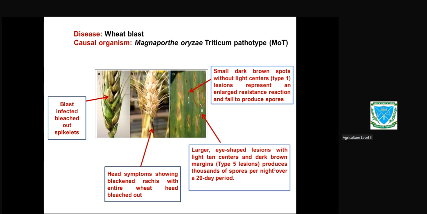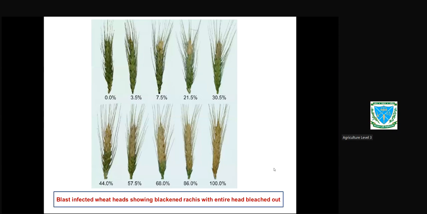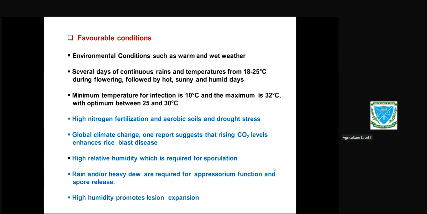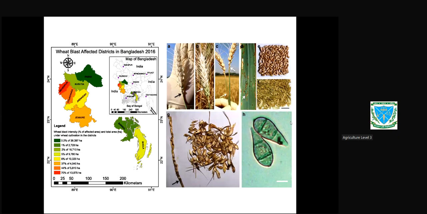Now see the symptoms. As I told you, the pathogen can produce this type of pathogenic structure called conidia in the asexual stage.